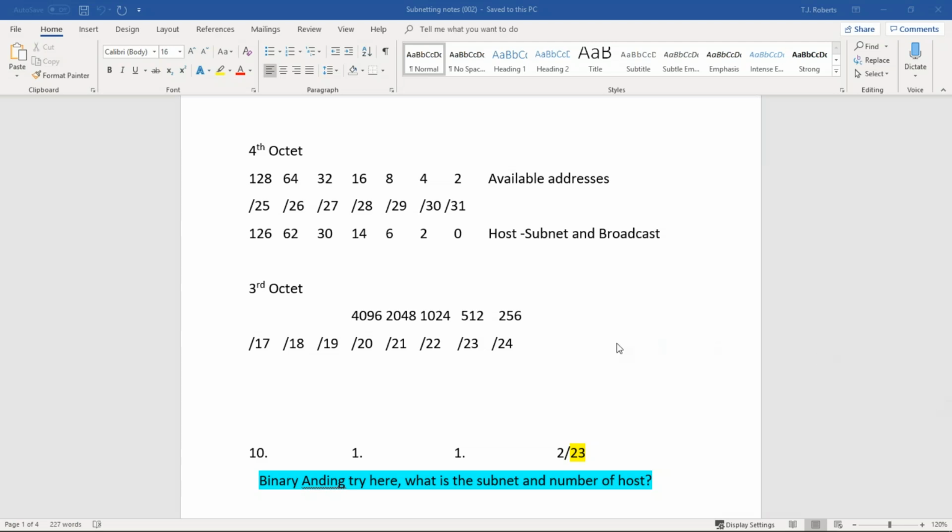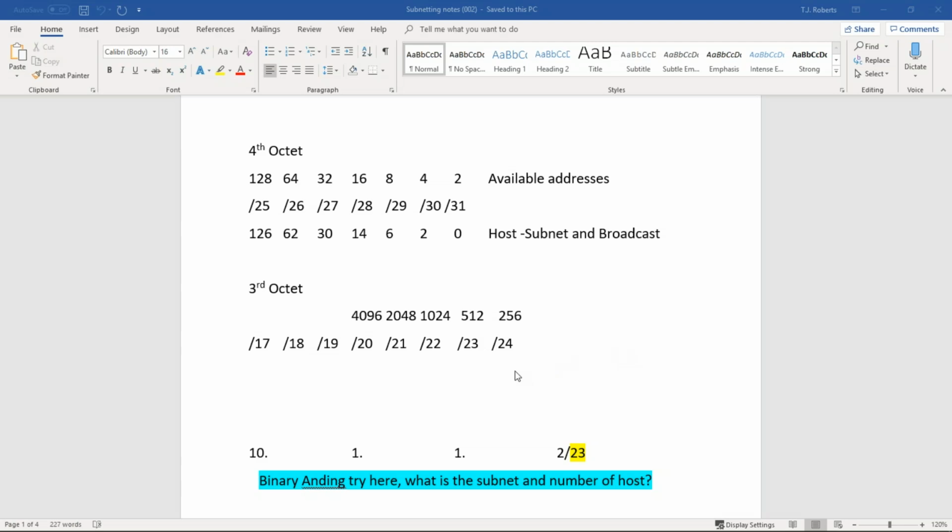Okay, are there any questions on finding the number of hosts before I move on from this? There are actually a couple other things that you need to know how to do when it comes to subnetting. I don't have time to go over it, so that's something that we're going to have to do probably in the next session or something.